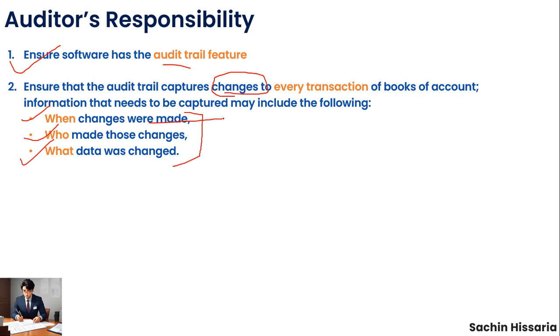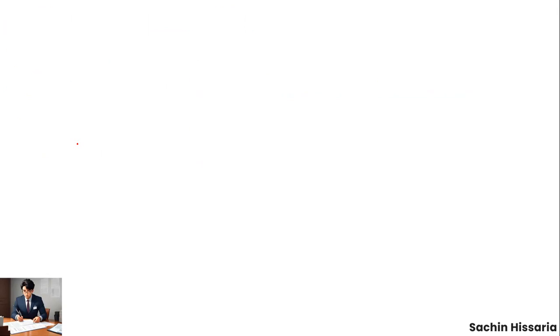So basically this is the date and time. Who has made those changes? This is related to the user ID, from which user ID the changes are done. And what data has been changed, whether you have changed the amount, the narration, the date, the party name, the ledger name, whatever. Okay. So those changes should be captured in the audit trail.